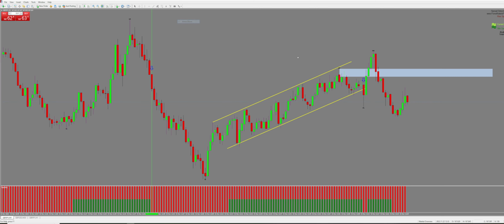This one here was not a tradable signal as far as I'm concerned. As much as we had a retracement and push back down, this wasn't a tradable signal for me, because my next target from here would be this one, and it's already been fulfilled.